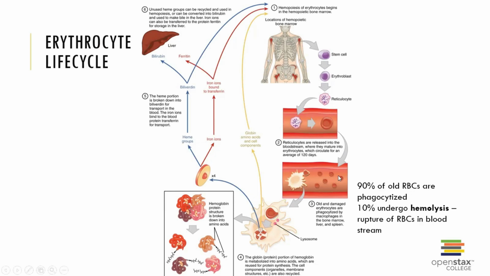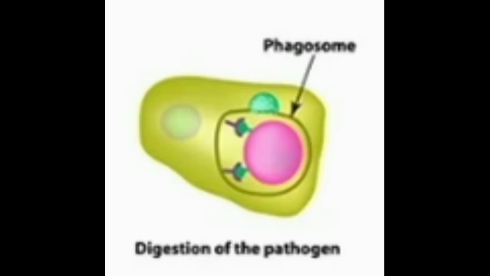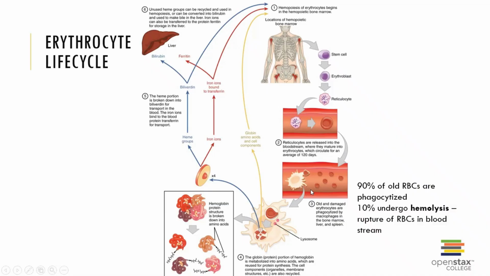Dying red blood cells are phagocytized by macrophages in the bone marrow. Very similar to how in wounds, the macrophages are present at the wound site, and the bad stuff is kind of eaten, right?